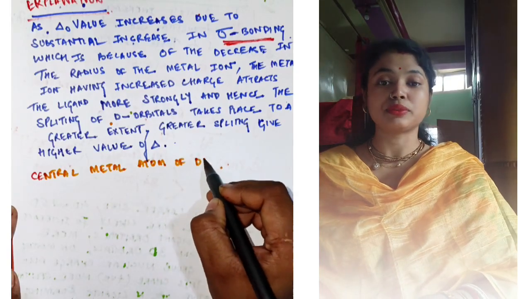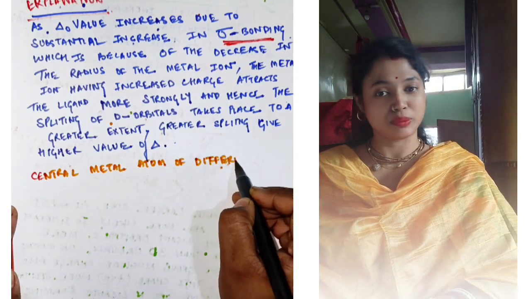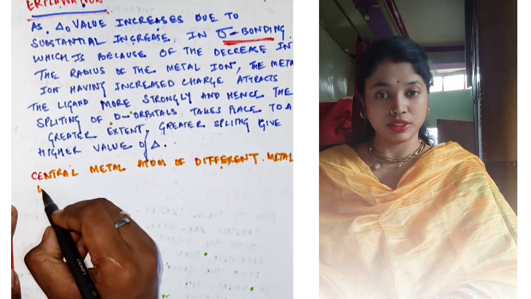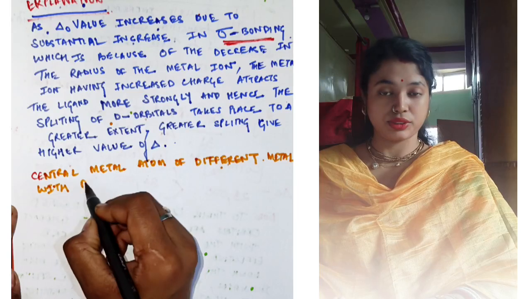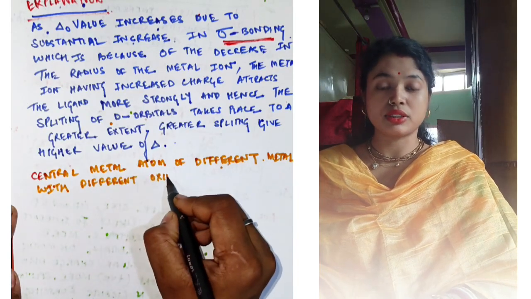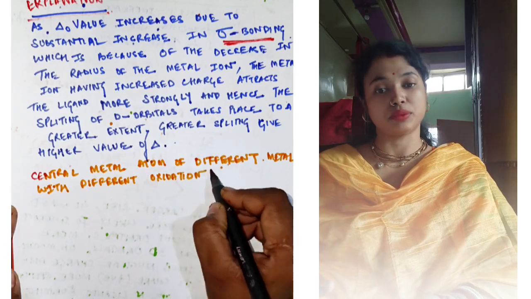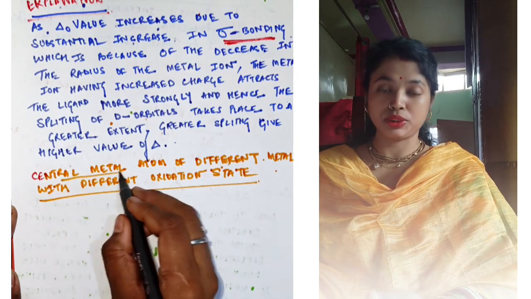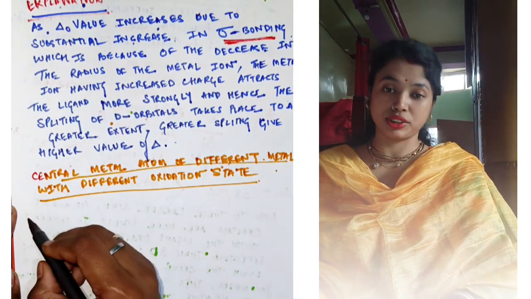Last is when the central metal atoms are of different metals, when you have different metals with different oxidation state. So in this case, the oxidation state is different for different metal atoms.